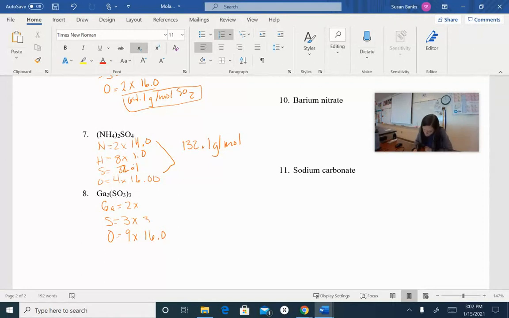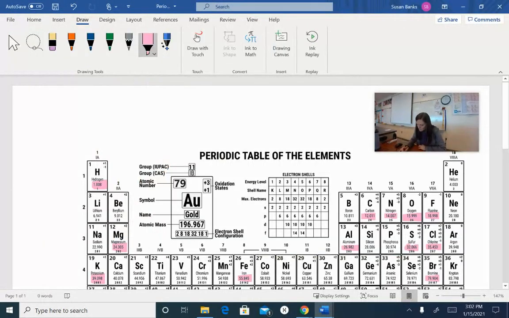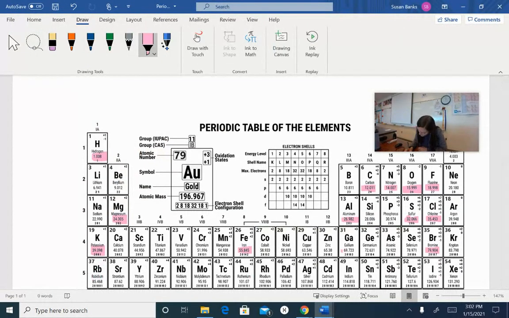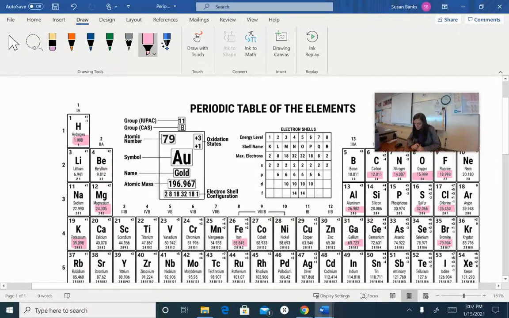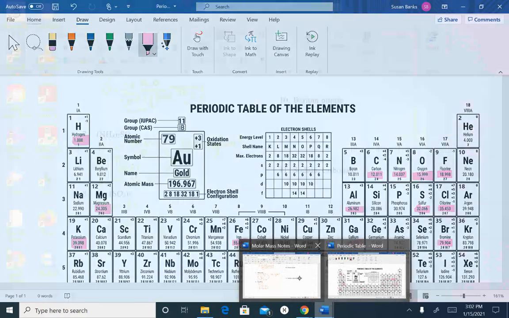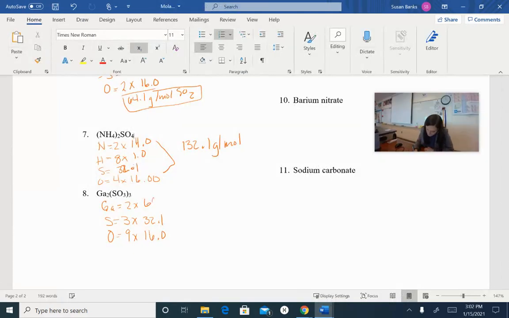So oxygen is 16.0. We've already done that. Sulfur is 32.1. Let's look up gallium. Okay, gallium is right here. 69.72. So 69.7 is where it's going to round to the 10th. So we're going to add all of these up. So 2 times 69.7, right?